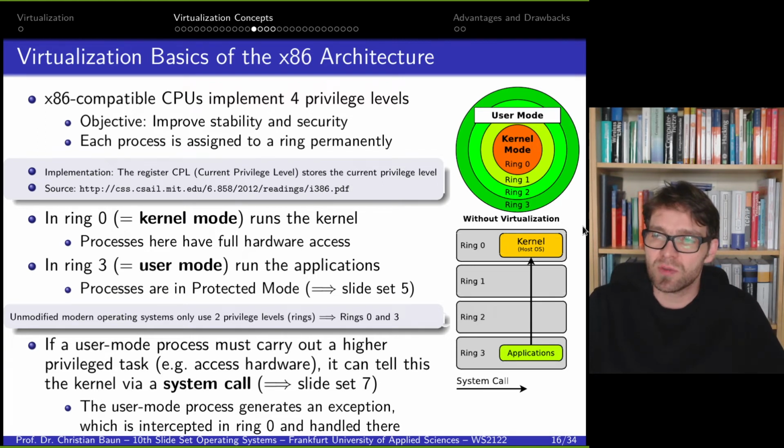Most of us use the Intel architecture, and as you might remember from when we talked about processes and process management and system calls, the Intel architecture has 4 privilege levels implemented. The general idea is that we want a separation between kernel mode and user mode. So in kernel mode we have the kernel, and in user mode we have the applications.